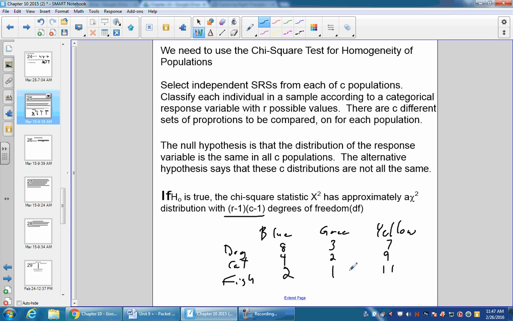So if these are our values, our rows are 3. So 3 rows, we have 3 columns. So rows minus 1, 2, times columns minus 1, which is 2, gives us a degree of freedom of 4. All right.